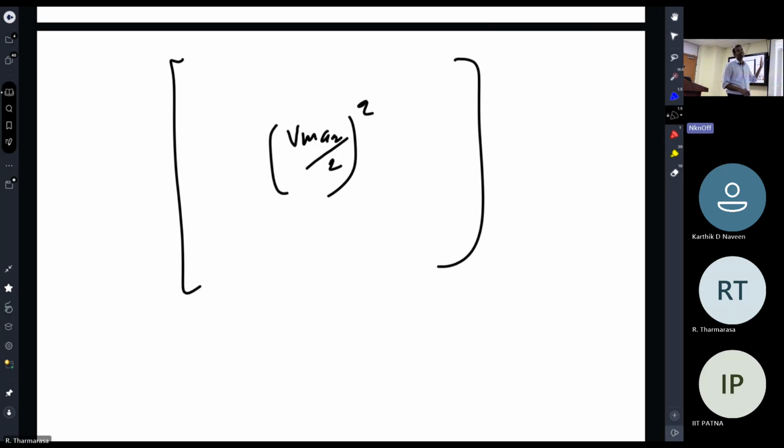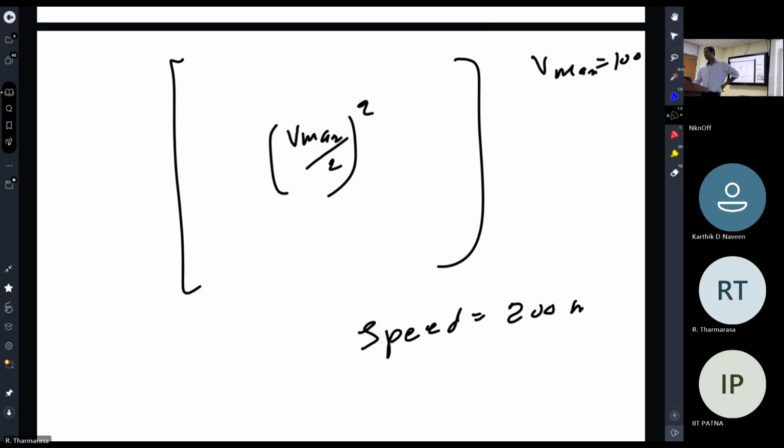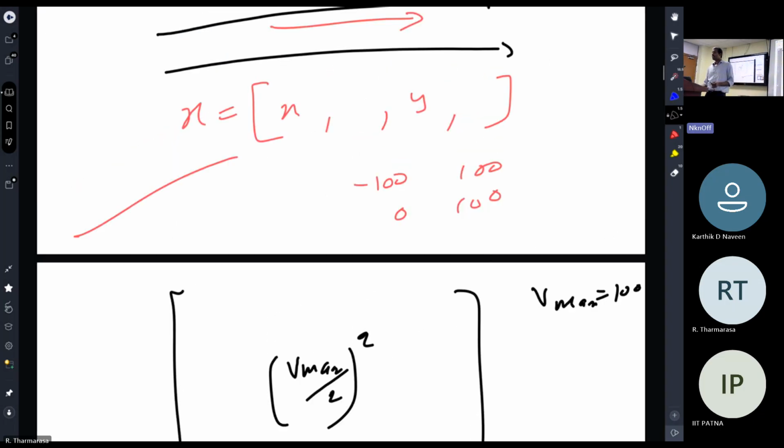So I always have tracker parameters, and in the parameter file I have a Vmax, say 100. Then another scenario: the actual target speed is say 200 meters per second. The actual target is moving at 200 meters per second. My prior uses Vmax of 100. I initialize the covariance like this. What is the consequence of this?